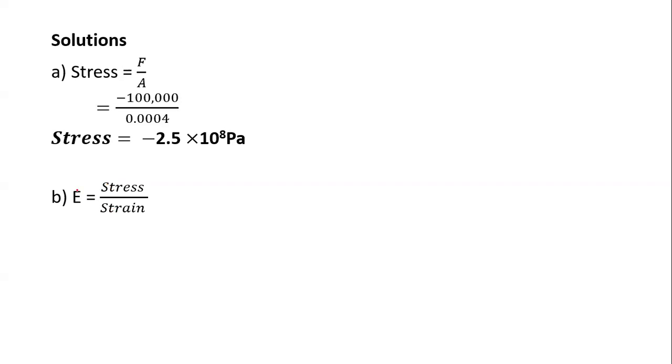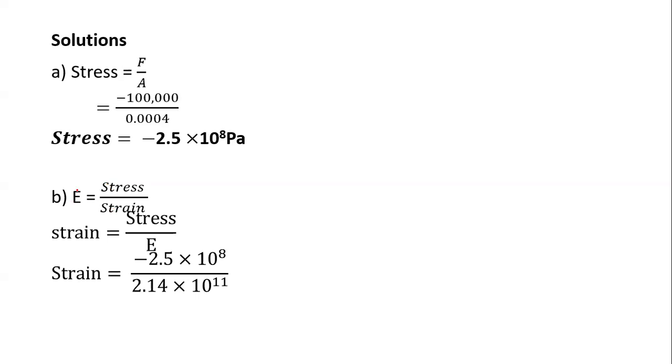That is Young's modulus. So try to make strain the subject of the formula. This is what you have. It will then be stress over Young's modulus. So then you can just do the substitution. Your strain is negative 2.5 by 10 power 8 over 2.14 by 10 raised to power 11. Then our answer is negative 0.001168.